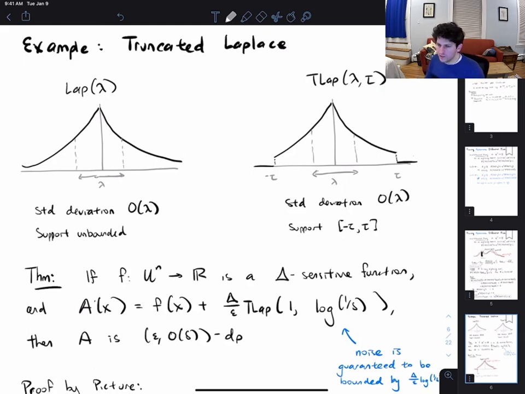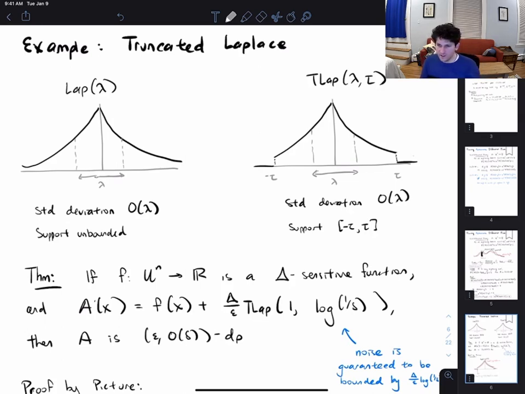So this is a way to get epsilon, delta differential privacy with the same kind of expected error as the Laplace mechanism, but with no chance of getting an extreme value. The noise is never going to be bigger than the sensitivity over epsilon times log 1 over delta, where delta is the delta in the DP.